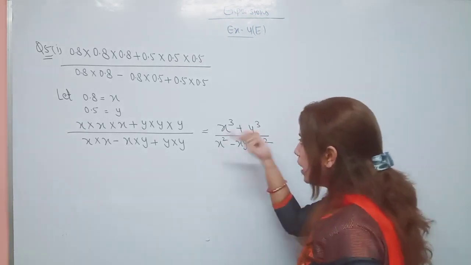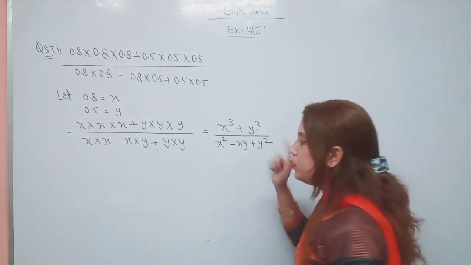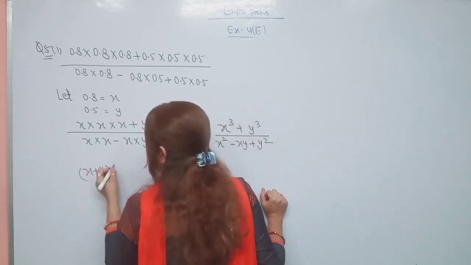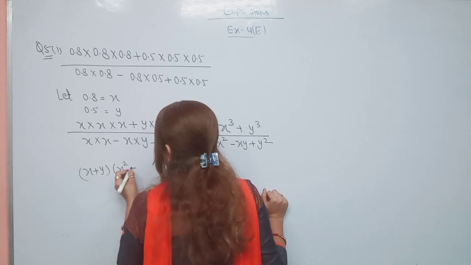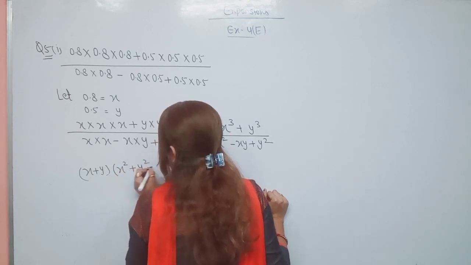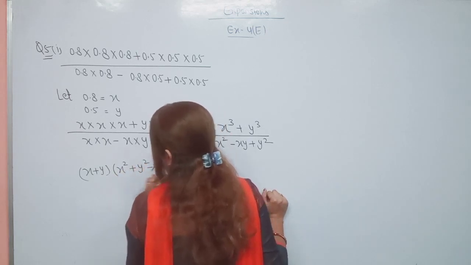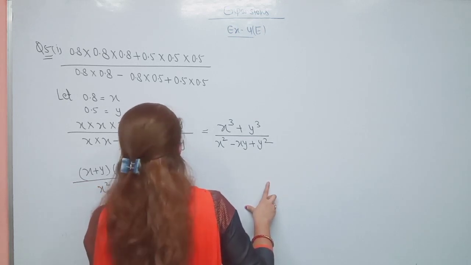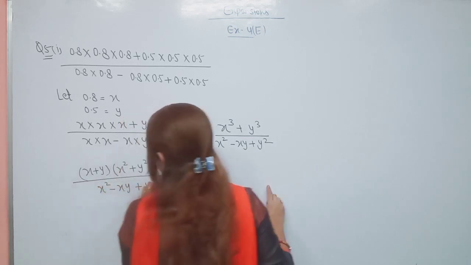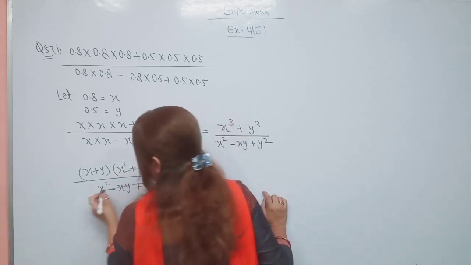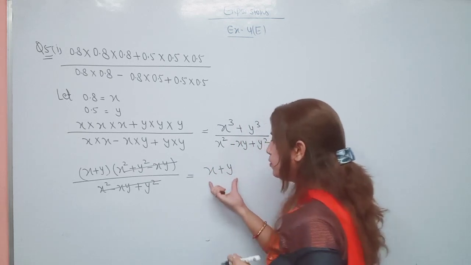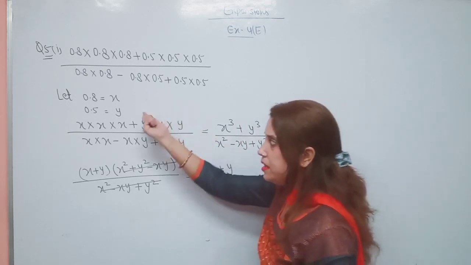Now we know the identity of a³ + b³ is (a + b)(a² + b² − ab). So it is (x + y)(x² − xy + y²) upon x² − xy + y². It's the same, it will be cancelled. So x + y. Now in the last we put the values of x and y.